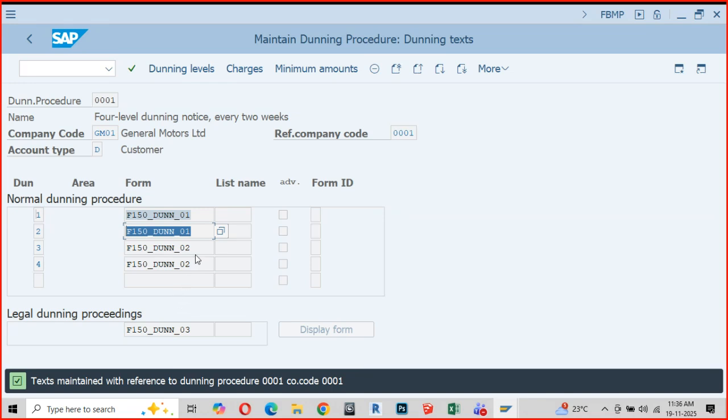This is the source of your letters. This is where the English letters you saw are generated from. Clear, students? So this is as briefly as I can talk about the dunning process.